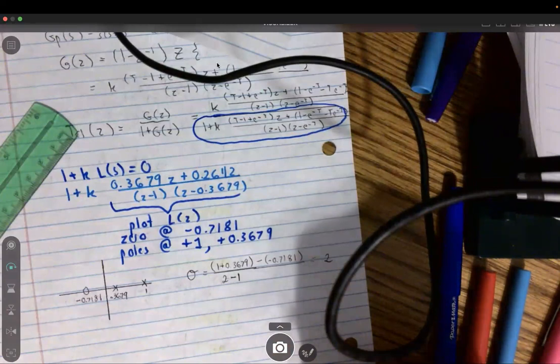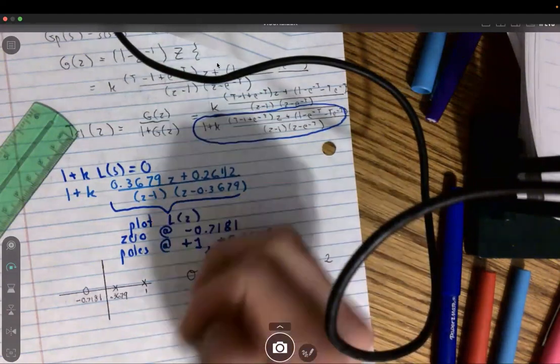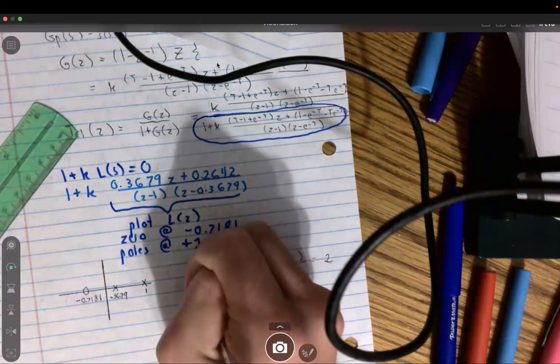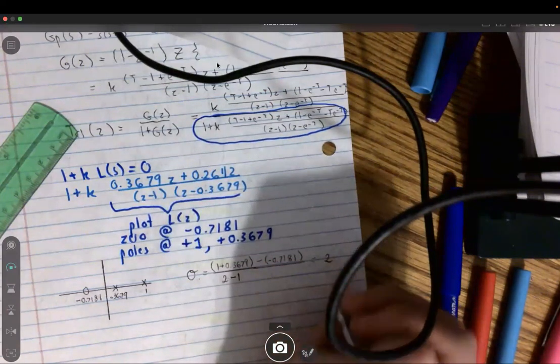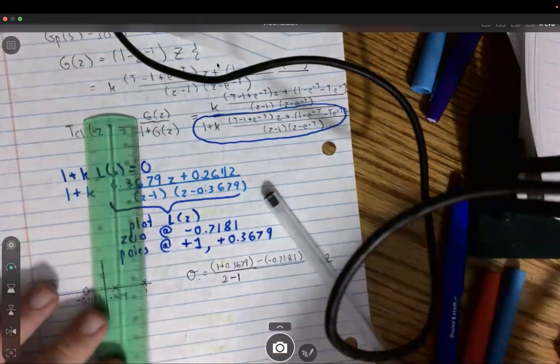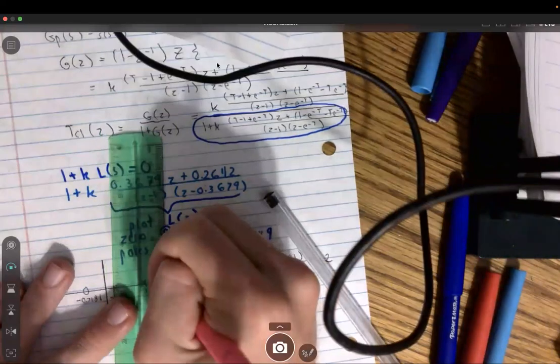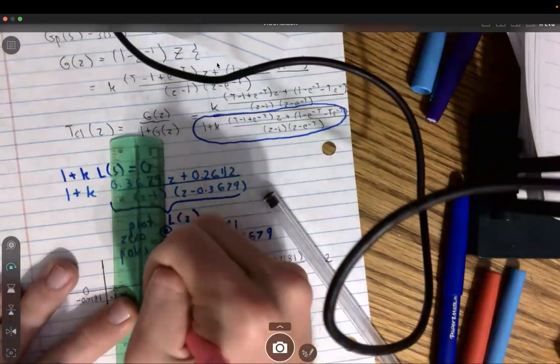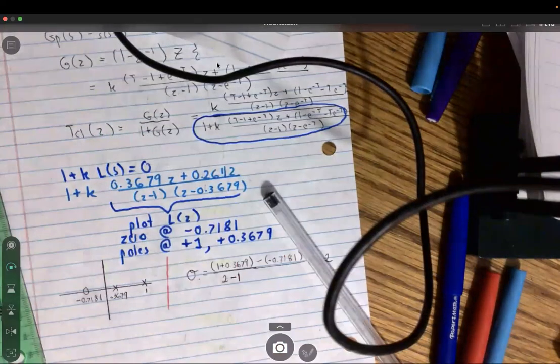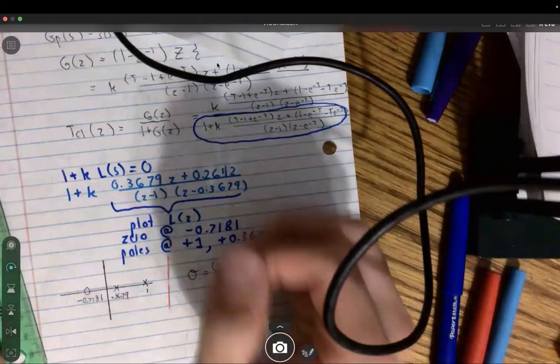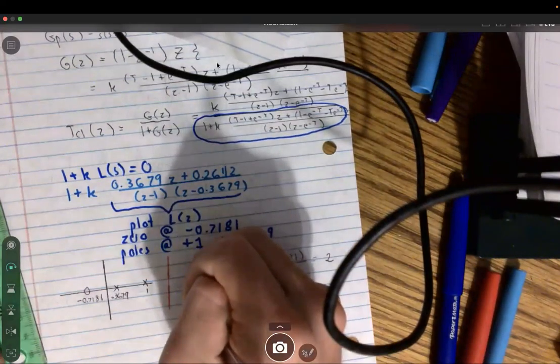And what about the angle of your asymptote? So this is just where your asymptote is located. It's at 2, so we know there's an asymptote at 2 here. And what about the angle?